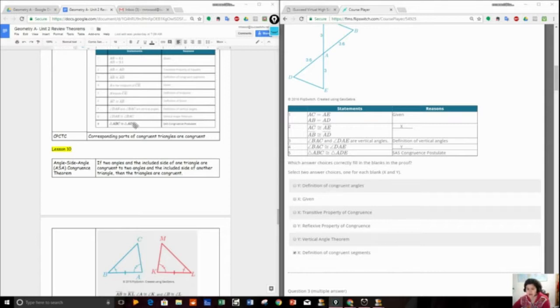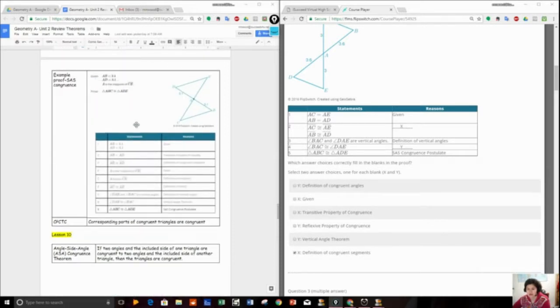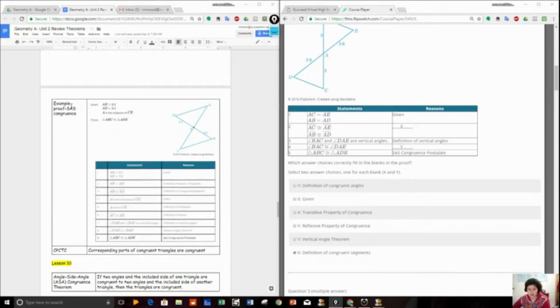And right now it is going to be the vertical angle theorem, and one of the reasons that I can say that without having the definition is I'm looking at this example proof of the side angle side congruence, and I'm looking through their reasons, and I see right at step 7 it has angle DAE and angle BAC are vertical angles, definition of vertical angles.